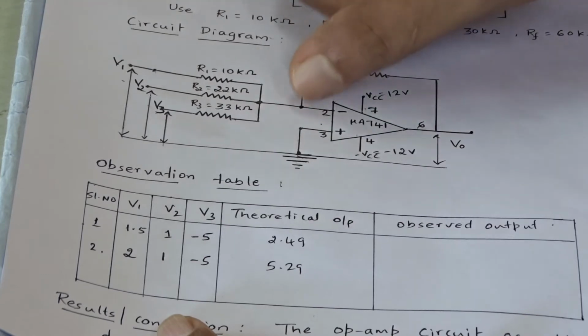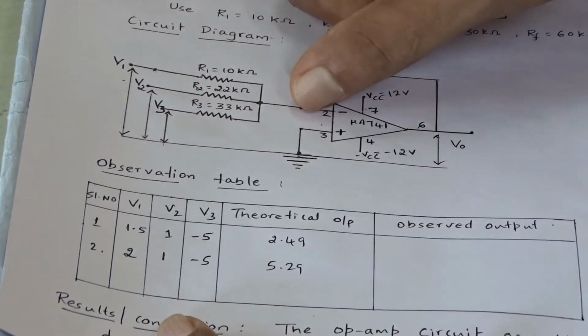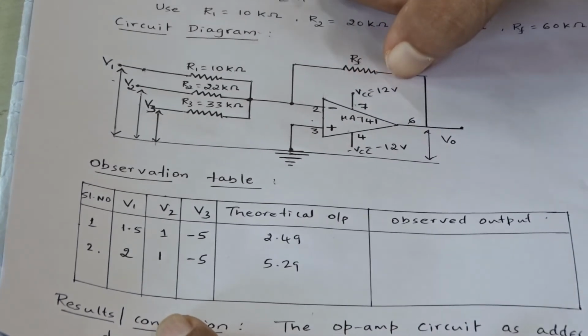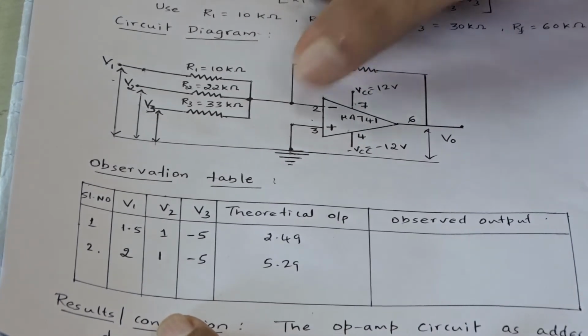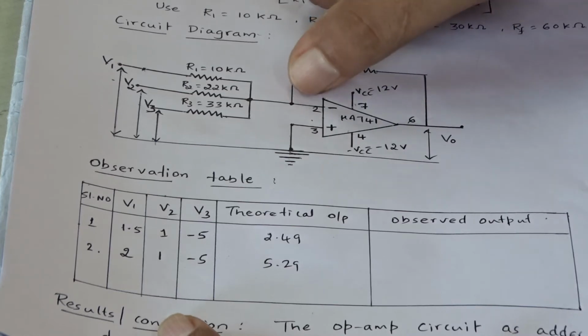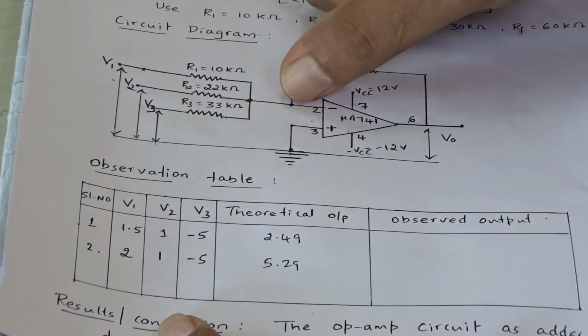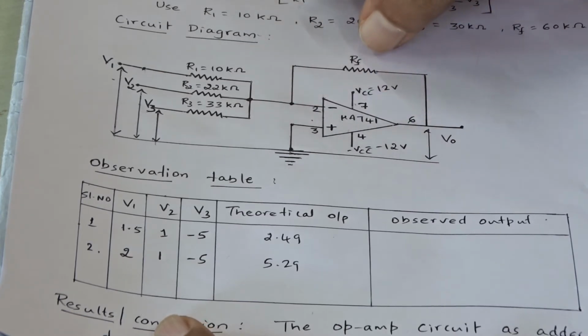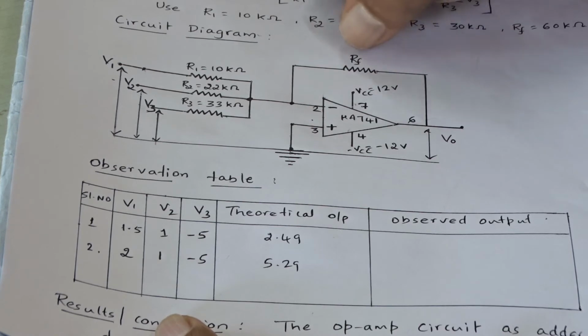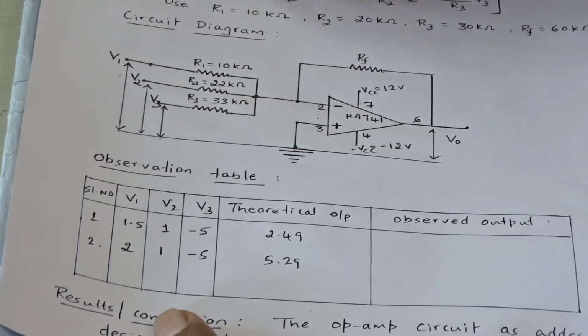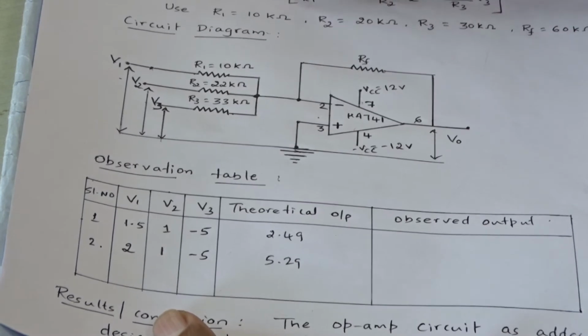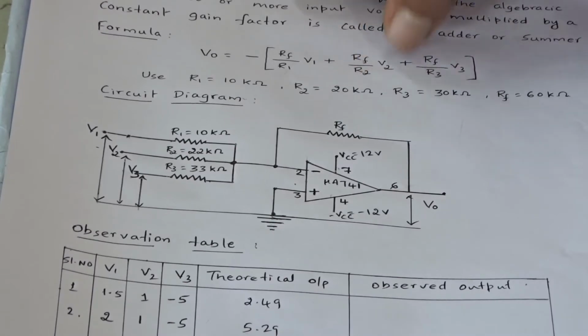Similarly, considering the current flowing through the feedback resistance, IF is equal to VA minus V0 divided by RF, and VA is 0, therefore we get IF is equal to minus V0 by RF. Based on that we obtain V0, which is given by minus of Rf by R1 into V1 plus Rf by R2 into V2 plus Rf by R3 into V3.